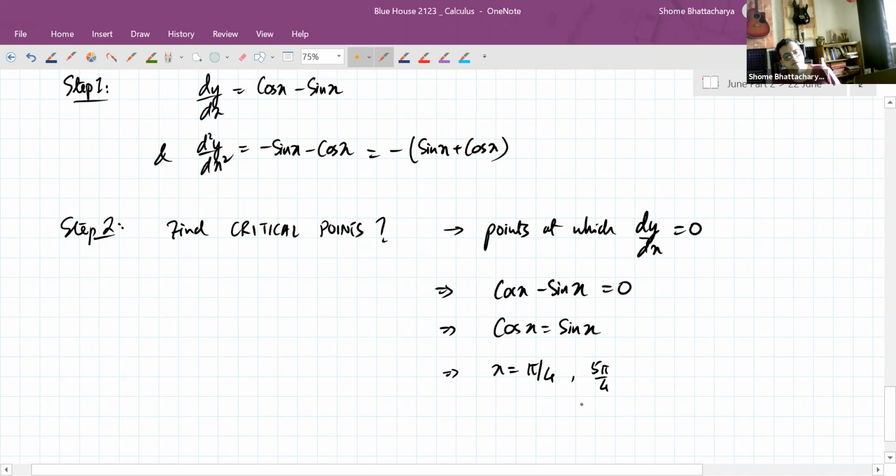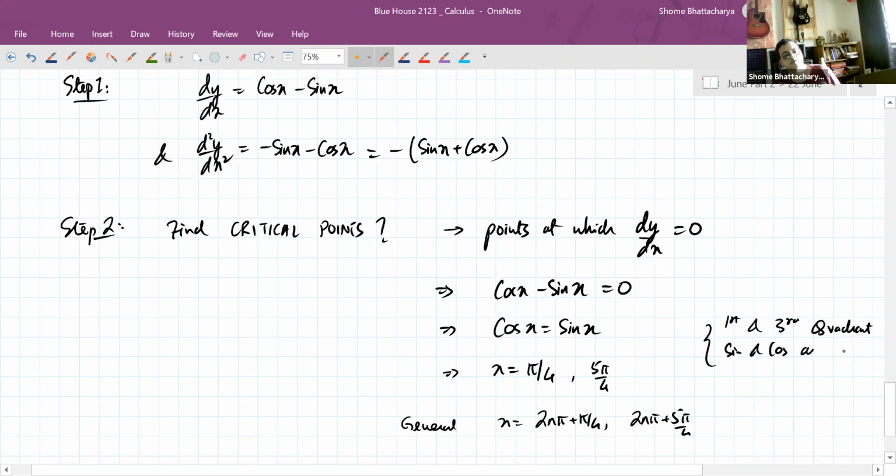So the general solution is x equal to 2n pi plus pi by 4, and 2n pi plus 5 pi by 4. Basically, in the first and third quadrant, sin and cos are of the same sign.